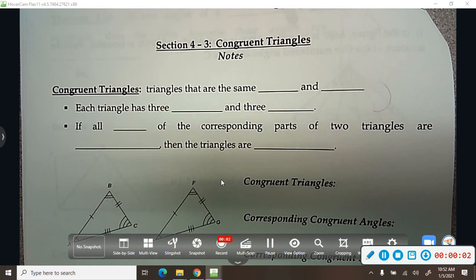So today we're going to talk about congruent triangles. If you think about a triangle, triangles have three sides.